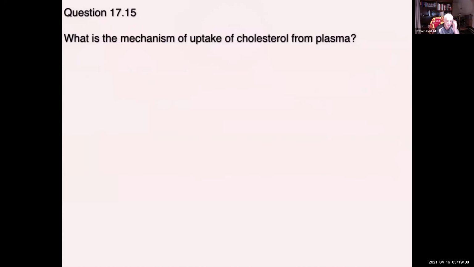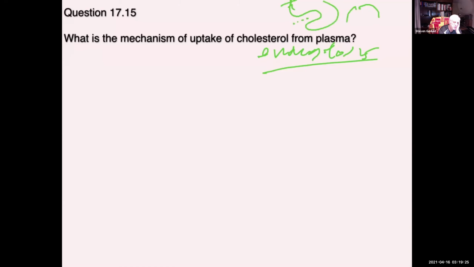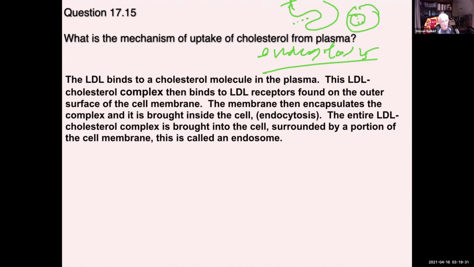What is the mechanism of uptake from the plasma? Endocytosis. The cell gets triggered by the LDL receptors, invaginates, okay, and then these LDL particles go in, and the membrane folds around them and pinches off inside. Right? So the LDL binds to cholesterol molecules in the plasma.